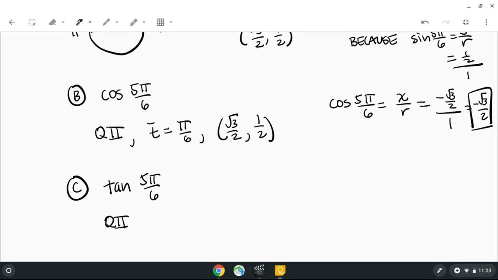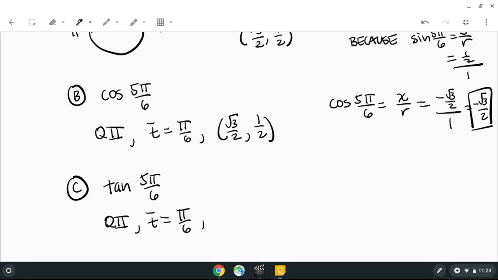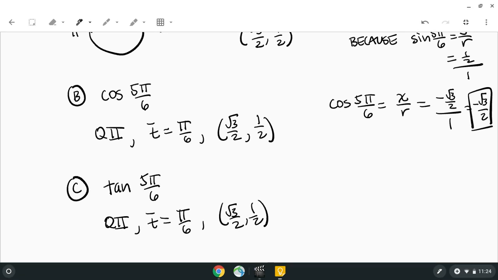I know my reference number is pi over 6, and you've memorized that it is associated with square root 3 over 2, comma 1/2. And in quadrant number 2, my x values are negative.